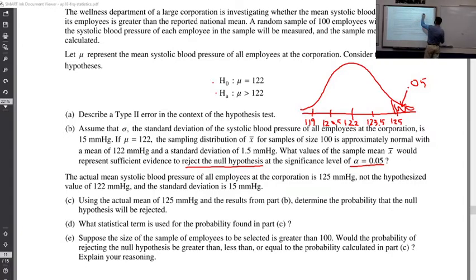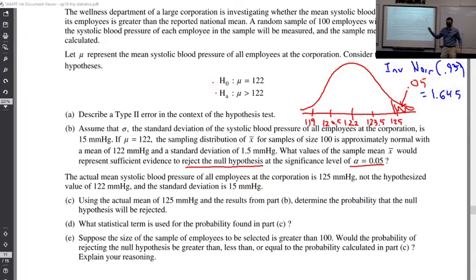So we are going to do inverse norm of, since the right tail is 0.05, the area we want to the left is all the rest of it, which is 0.95. 0.95 is what you put in for your inverse norm, which is going to give you 1.645, somewhere around there.